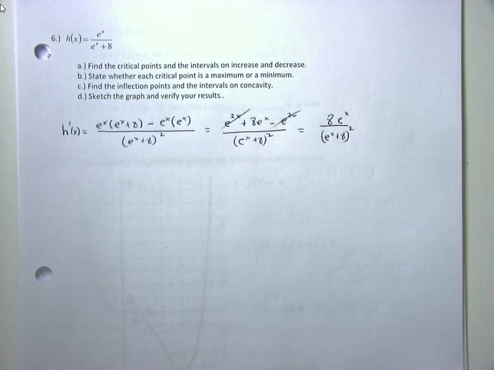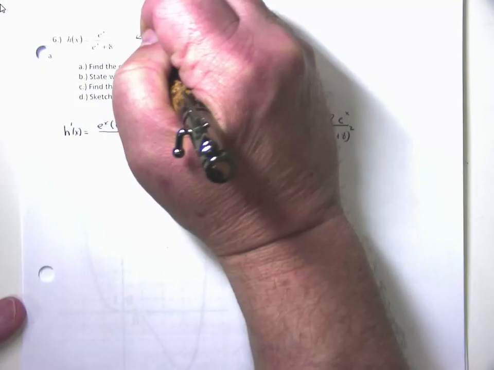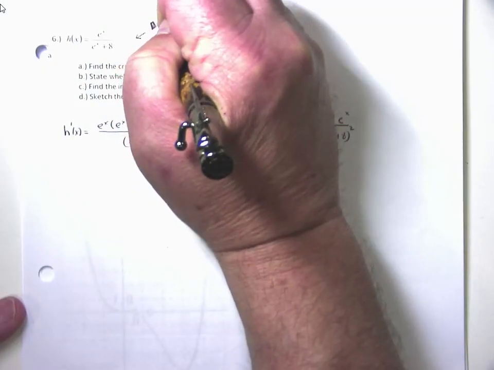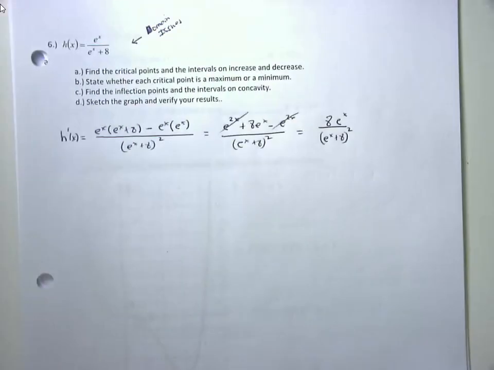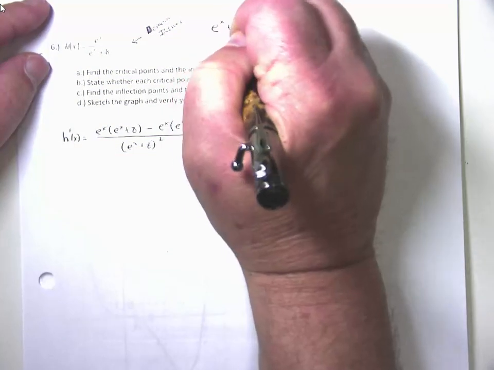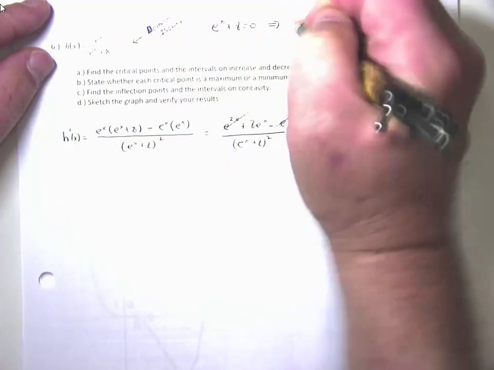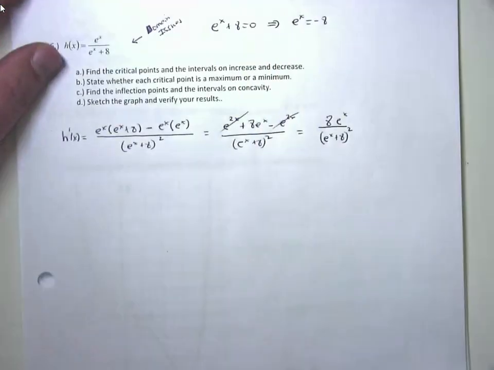Because it's a rational function, I've got to be leery of domain issues. So go back and look at the domain issues. It is a fraction, right? And what can you not divide by? 0. Look what happens if e to the x plus 8 equals 0. This would mean that e to the x would be equal to negative 8. Well, it gets rid of an e so I can solve for x.